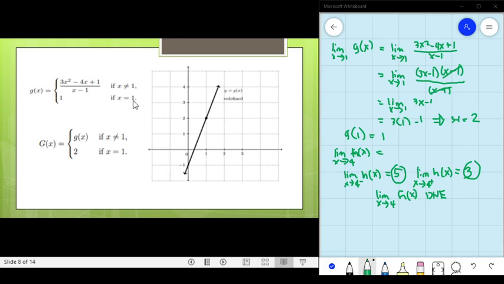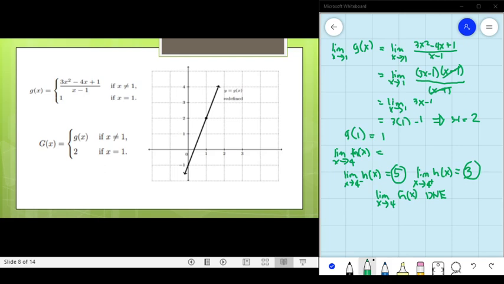Instead of 1 if x equals 1, we make it 2 if x equals 1. So this is now the new definition, and the hole is filled. So that is why the discontinuity is called a removable one.